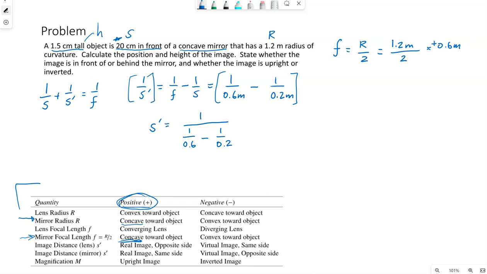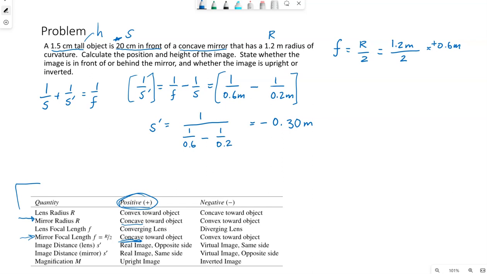I'm getting negative 0.3, and technically it would be significant to 2 places since we have 2 significant figures in the problem.